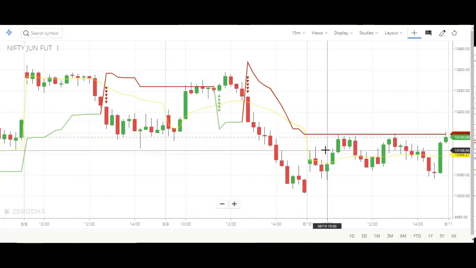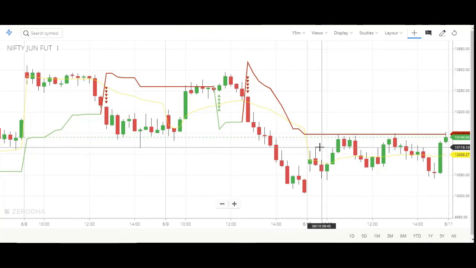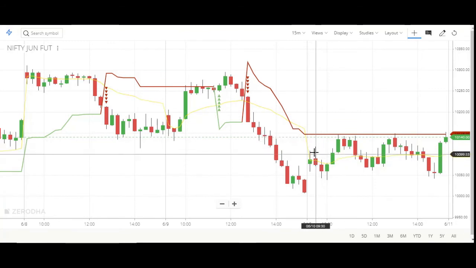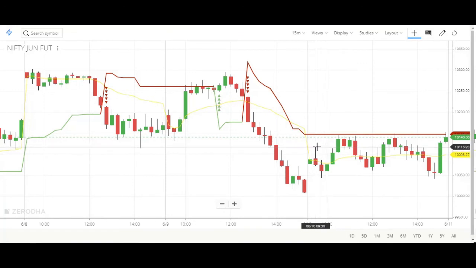The stop loss should be the high of this candle, and we'll expect at least 1:1.5 to 2 times the size of this candle.